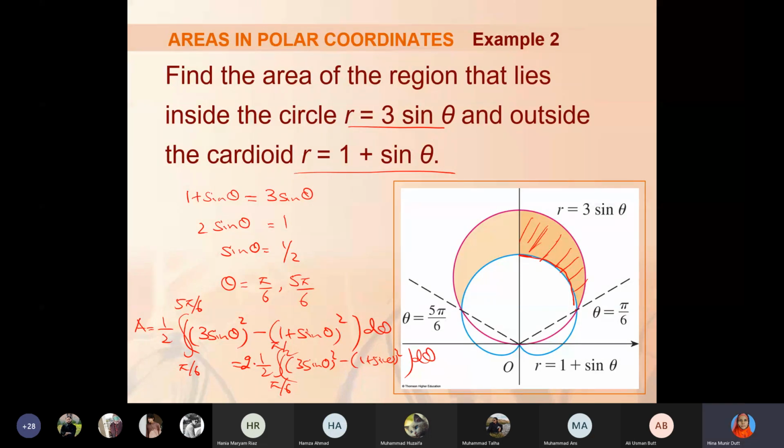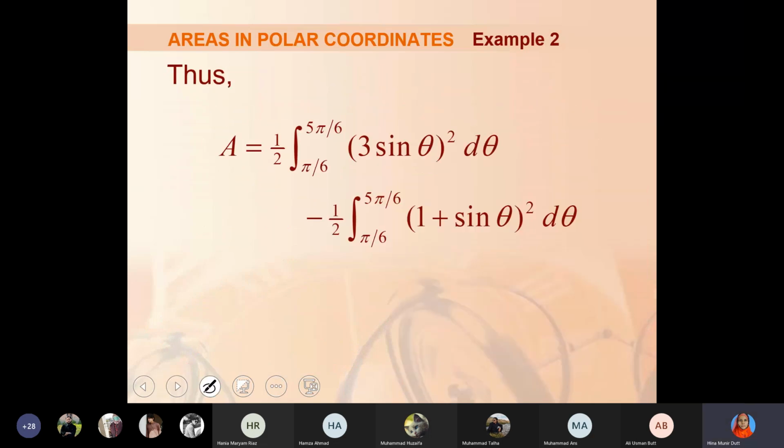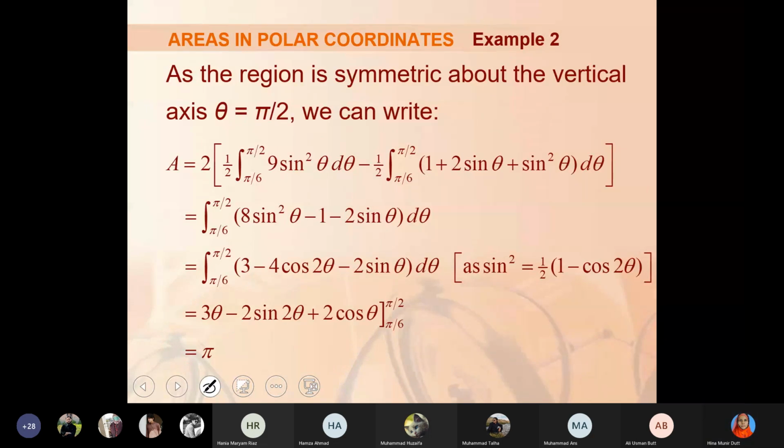Simply find this and then double it, 2 times this. Make use of the half angle identity.